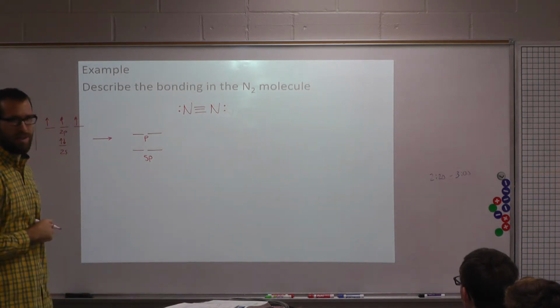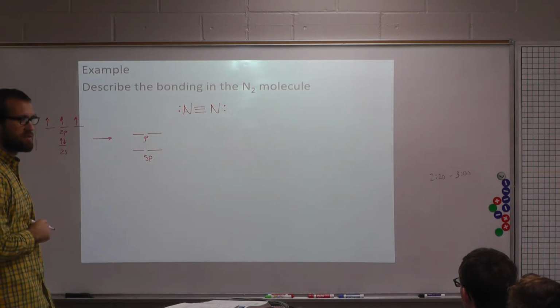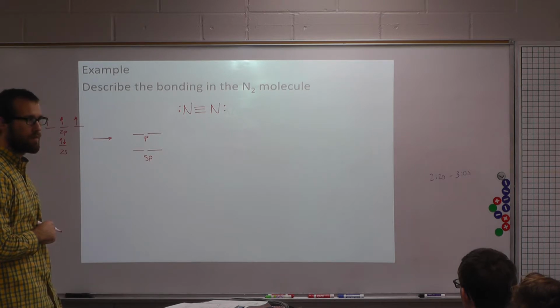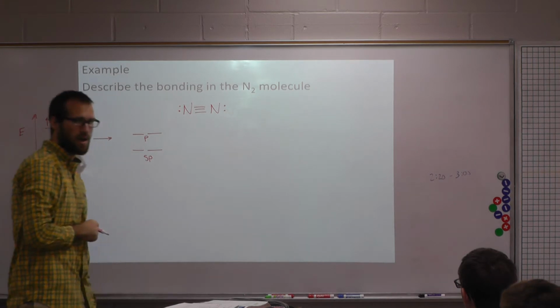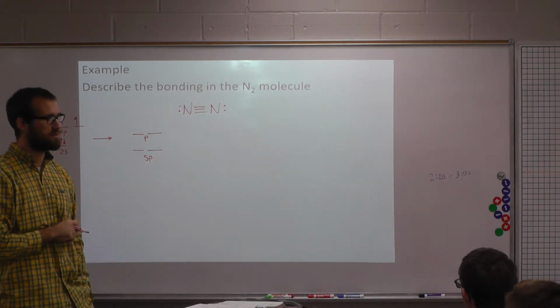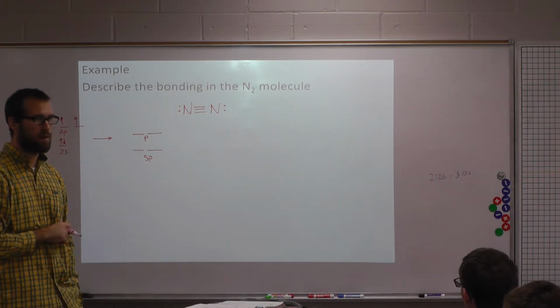Both of these are sp hybridized with two unhybridized p orbitals. Where are the sp orbitals going to be in this situation?